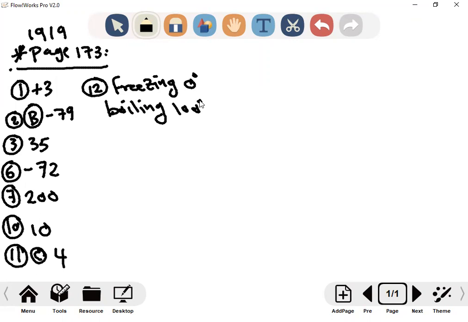Check your answers. These are the answers of the weekend homework. And we'll go to module 4. Module 4, lesson 1.